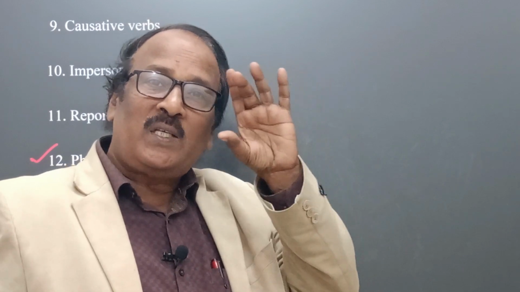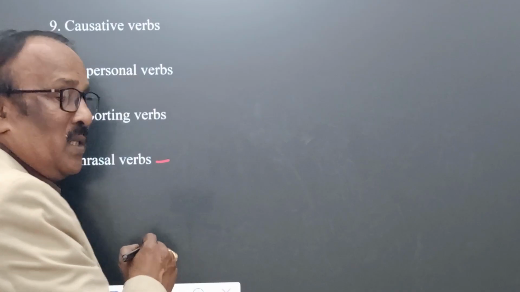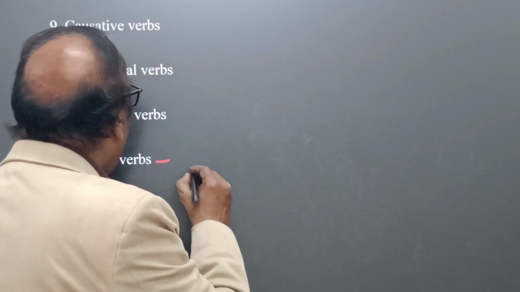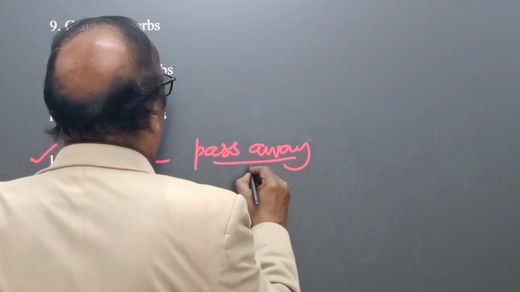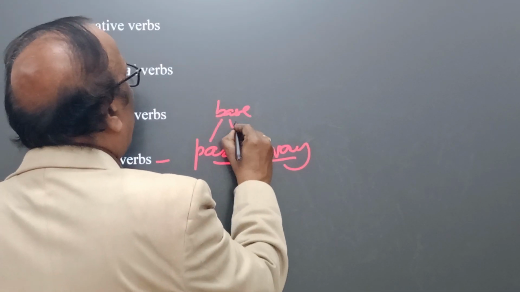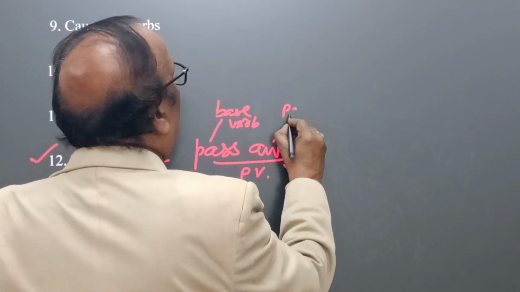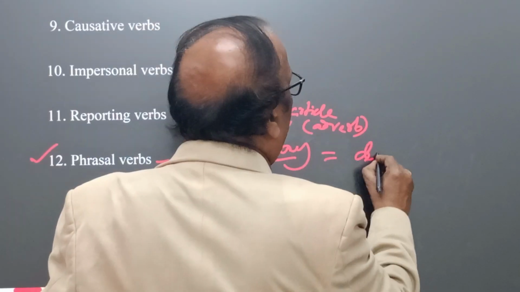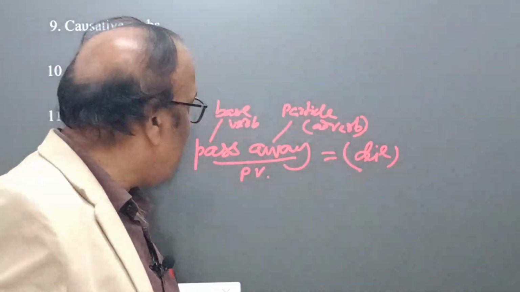These verbs are used with a base verb and a particle. That particle may be an adverb or a preposition. For example, pass away. In this phrasal verb, pass is the base verb and away is the adverb. This phrasal verb expresses the meaning of die.